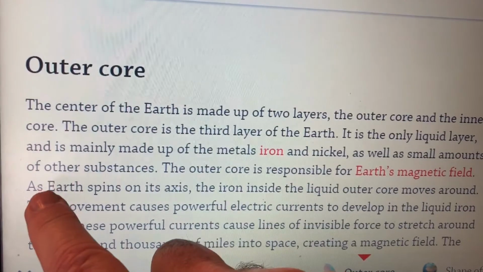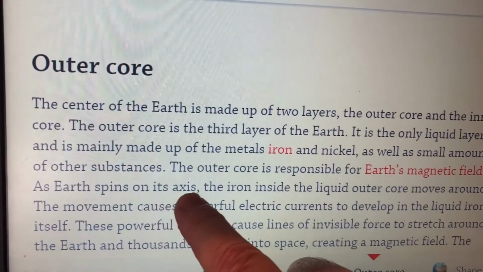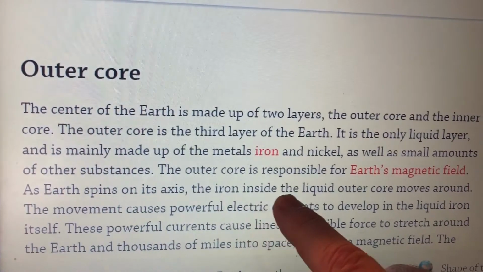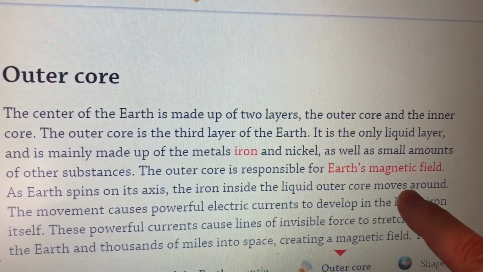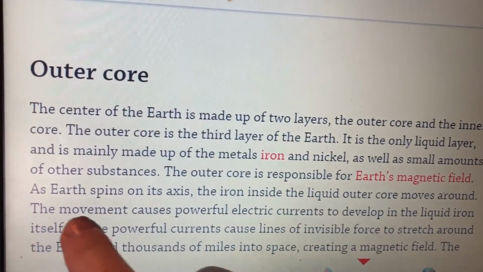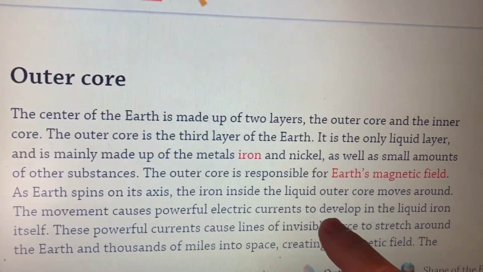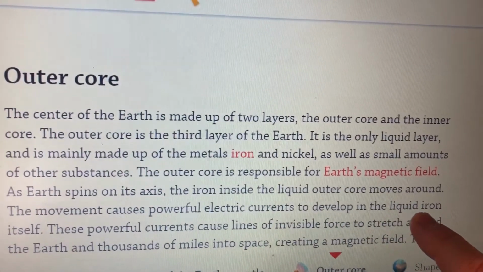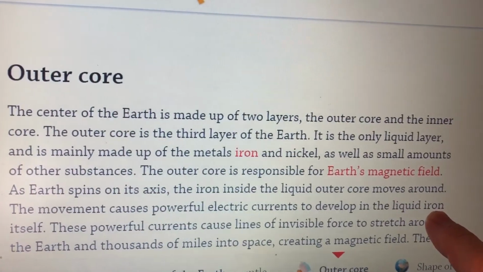And now it's going to give us a little explanation about the magnetic field. As Earth spins on its axis, the iron inside the liquid outer core moves around. The movement causes powerful electric currents to develop in the liquid from itself.